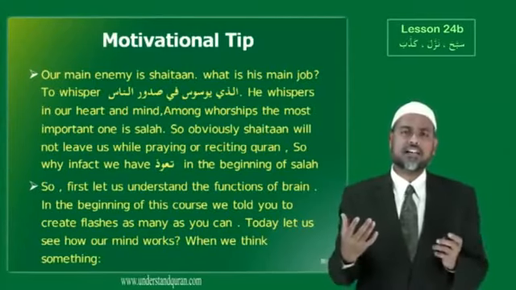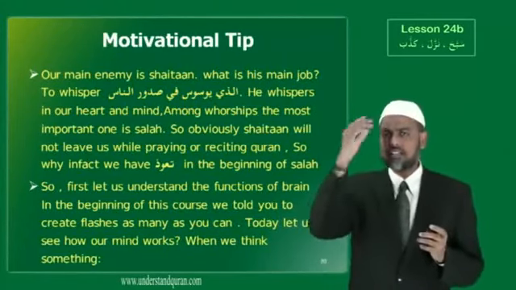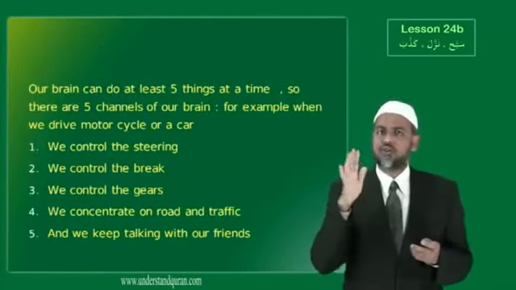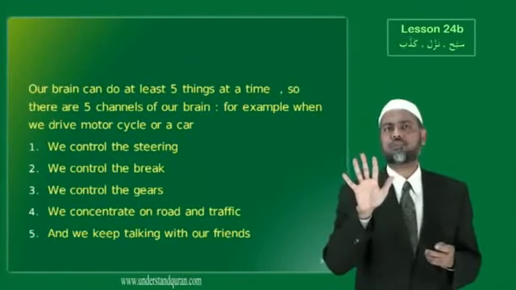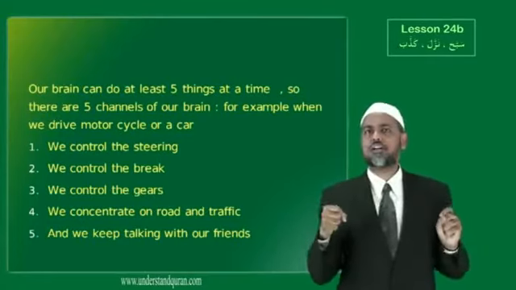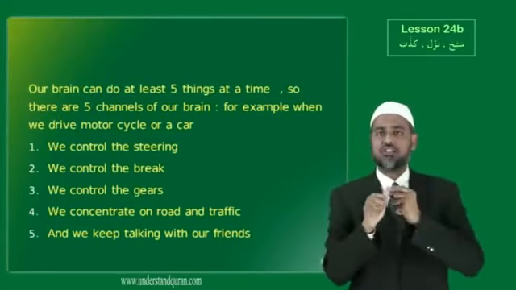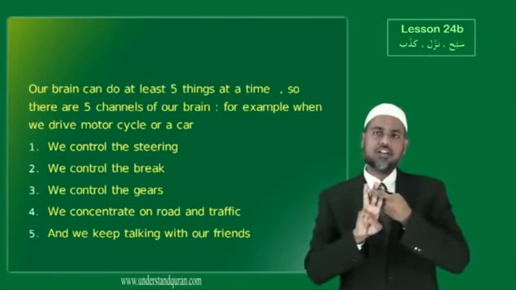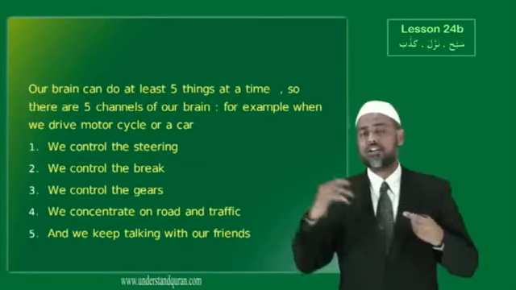But before we understand the functioning of shaitan, let us understand the function of our brain. Our brain can do at least 5 things at a time. So there are 5 channels of the brain. When we drive a car, we are controlling the steering, controlling the brake, changing the gears, watching the traffic, and talking to a friend, and so on.